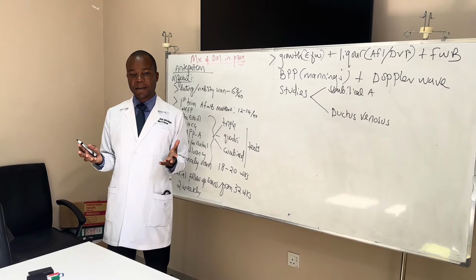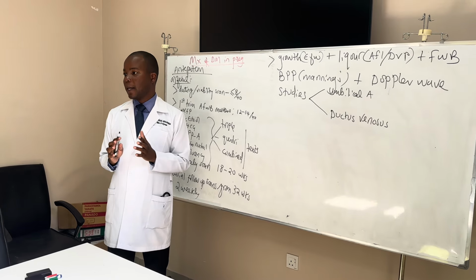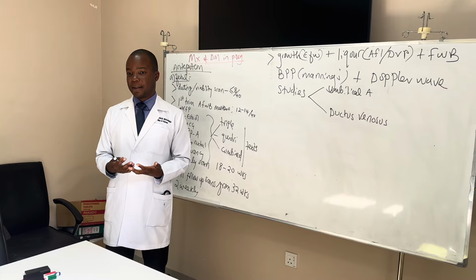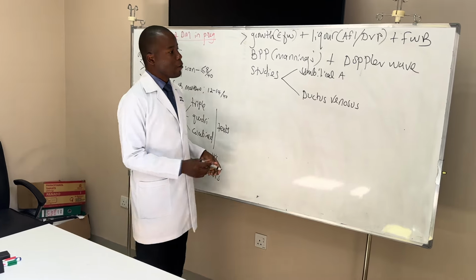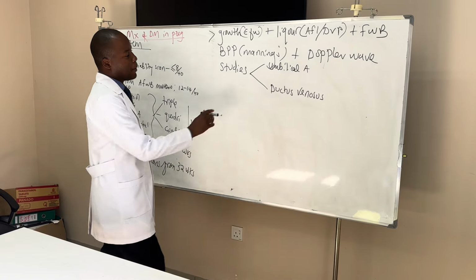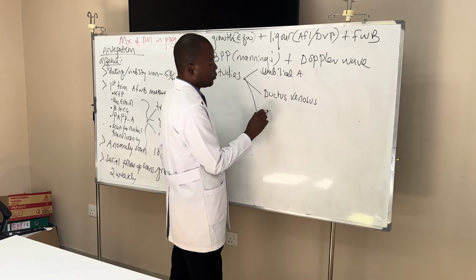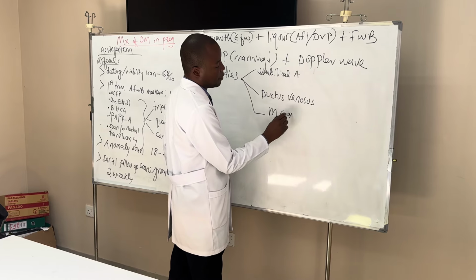It's the umbilical arteries, because the umbilical artery is very much connected to the behavior of the baby and the discharge from the heart. You get the point? No wonder we use, let me summarize by just saying that we use the umbilical artery and the ductus venosus. Now there's another one we use known as the middle cerebral artery.